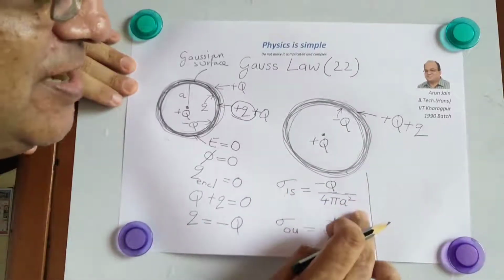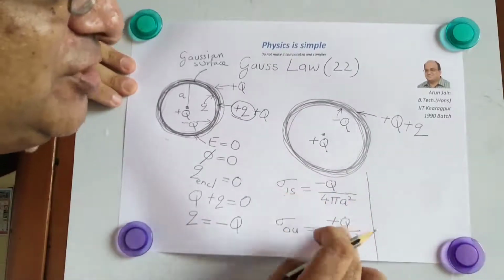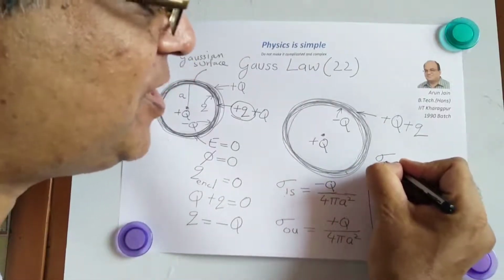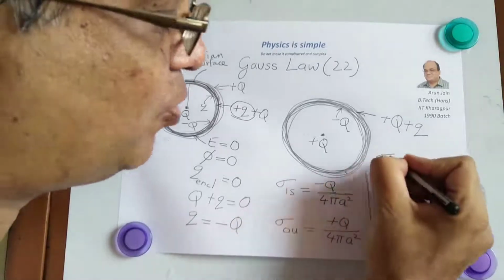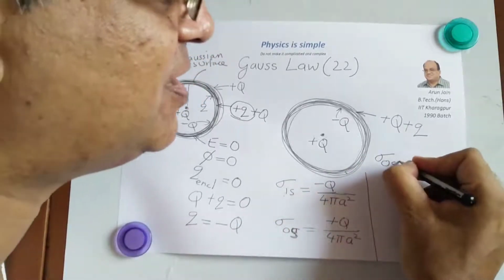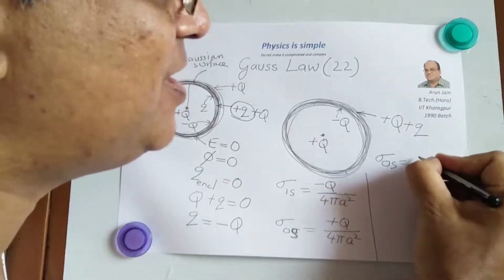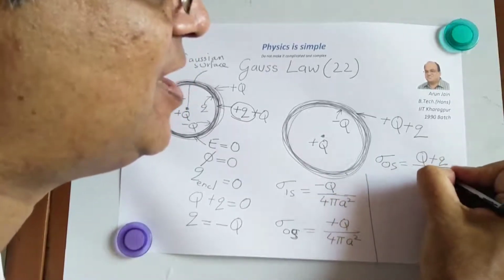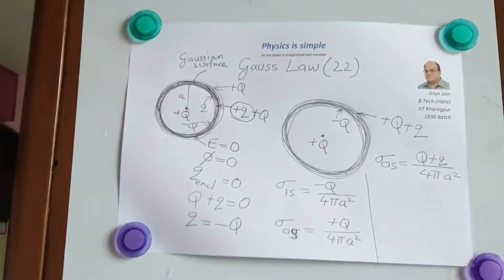The charge on the inner surface will not change, the charge on the outer surface will change. Therefore the charge per unit area on the outer surface, we can call it OS, will now be Q plus q divided by the surface area 4 pi a square.